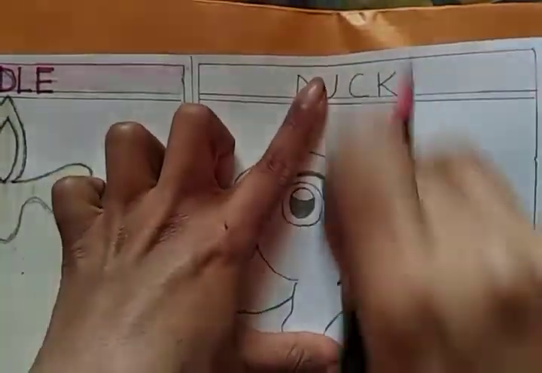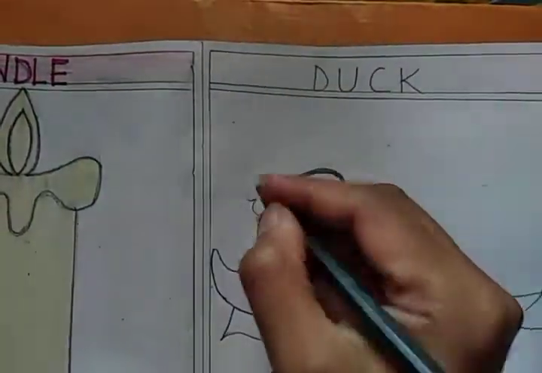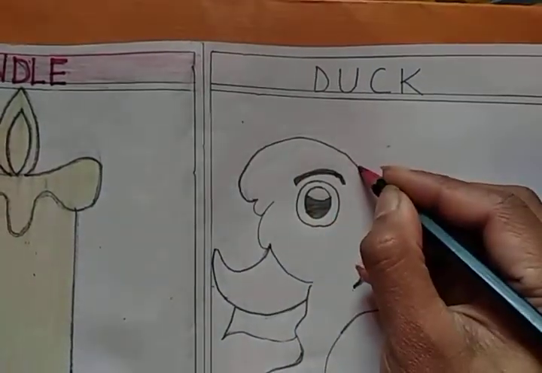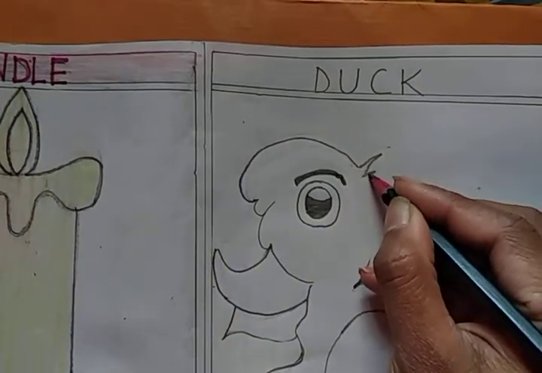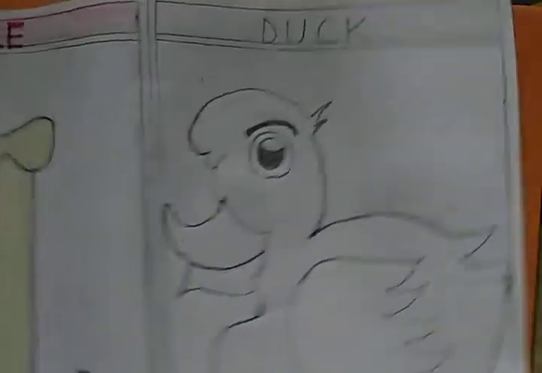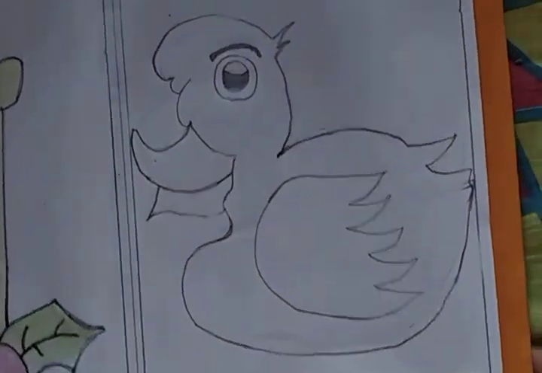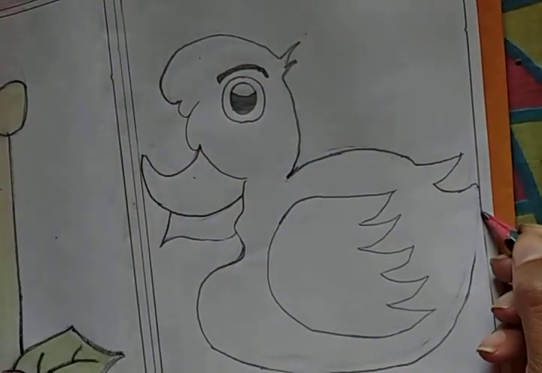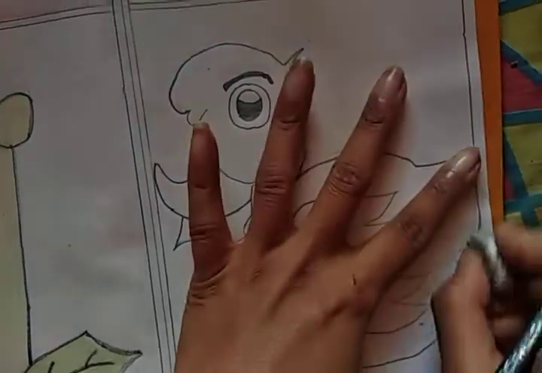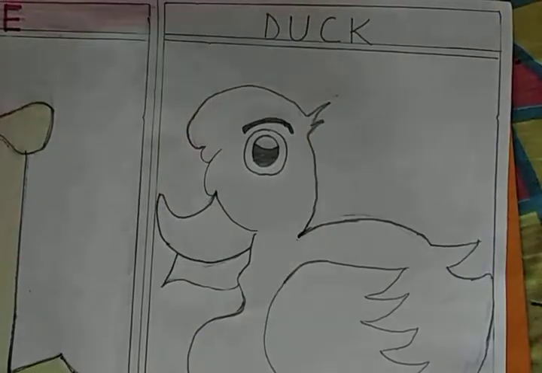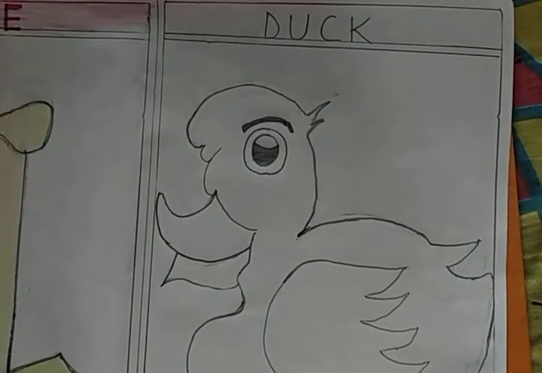I think here also we need to change. See here, children. I'm giving the duck here. So we are done with the duck drawing.